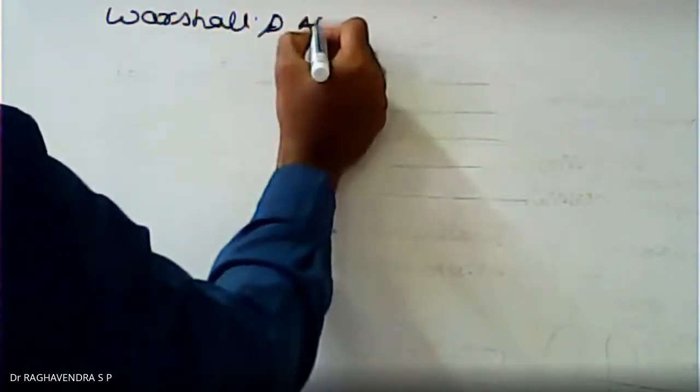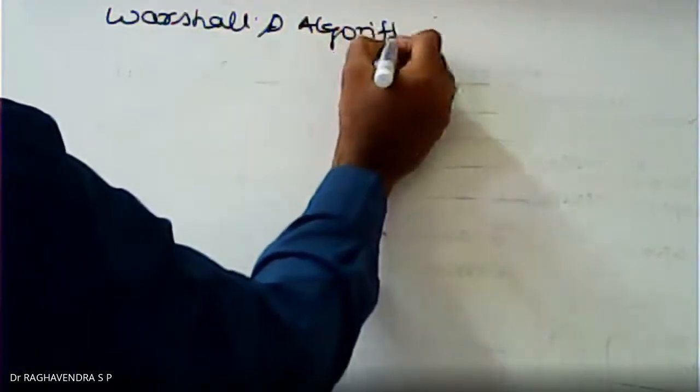So I'm going to write a graph. This is Warshall's algorithm. This is used to find the transitive closure.